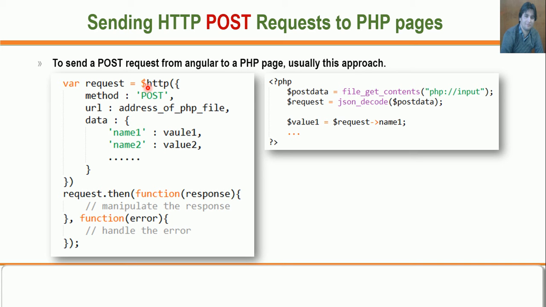And inside this array, we need to identify at least three things. The first thing is the method, which identifies how we want to send our request. Since we're using post, here we write post.